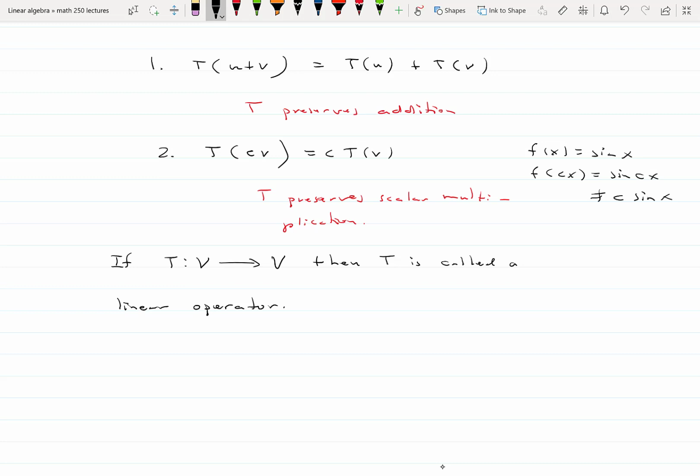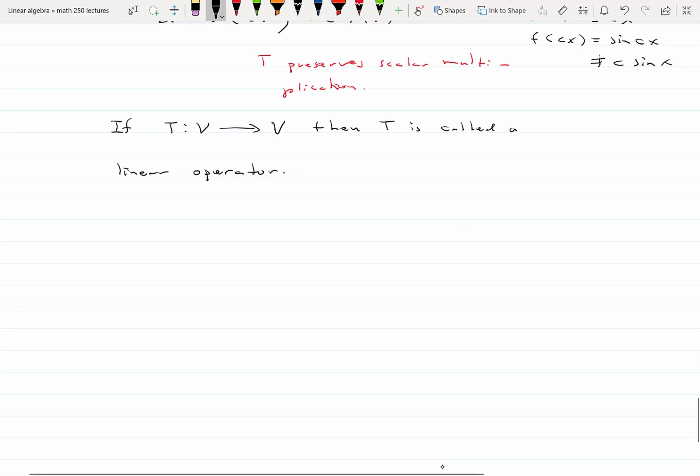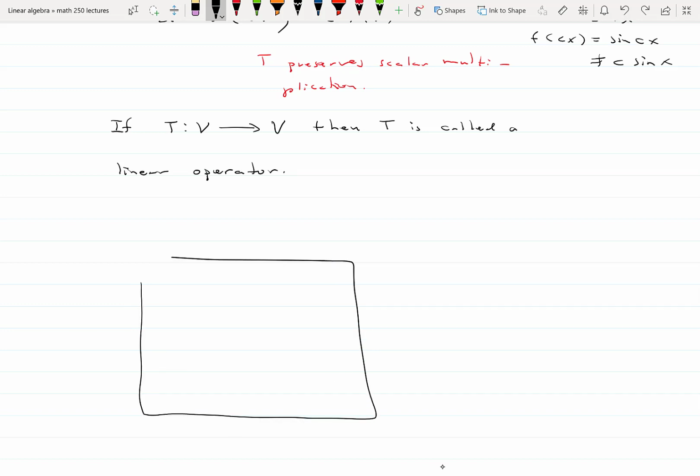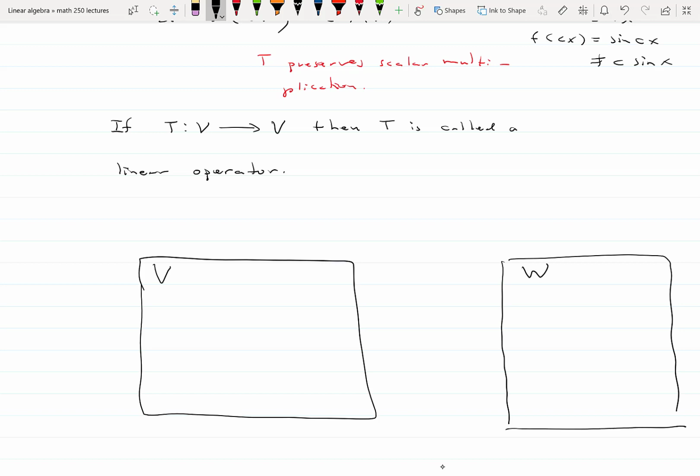Let's get away from the concept of linear operator and be more general about what we mean by linear transformations. Here's the vector space V, and here's the vector space W, drawn as rectangles. The linear transformation operates between these two spaces.